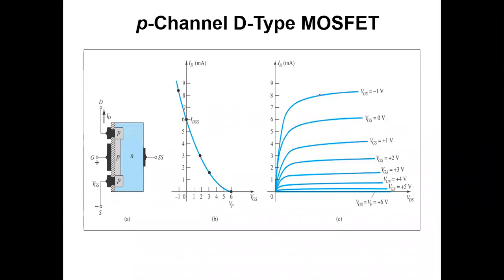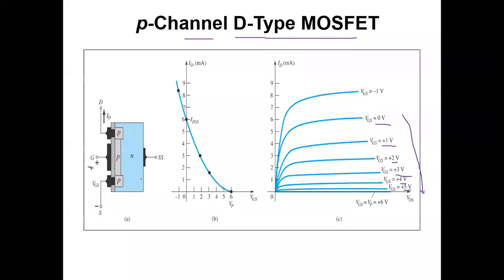Then there is the P channel depletion type MOSFET. This is quite similar to the N type, but now you are putting a positive potential on the gate. Here you can see that at VGS equal to 0, you have maximum current, and when you start increasing VGS, your current goes like this, in this particular direction.